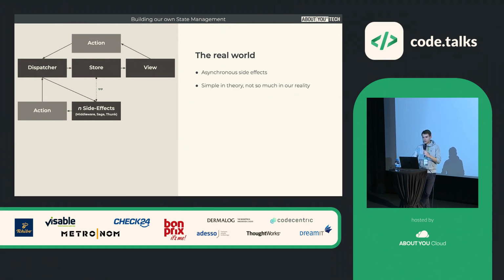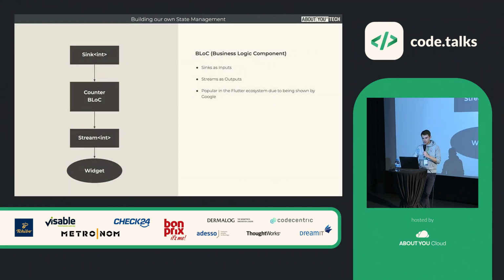So when we started with Flutter, there's a really popular approach, mostly popularized by Google itself, called BLoC. BLoC stands for business logic component, and the pattern is based on streams, and a really basic version is actually built into the Flutter core framework itself.